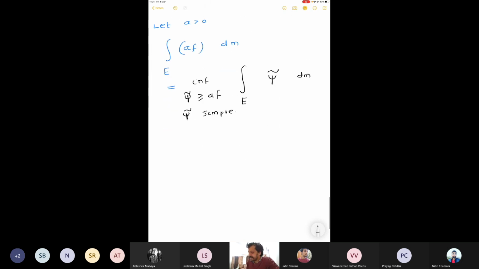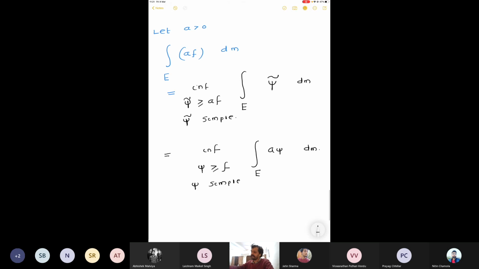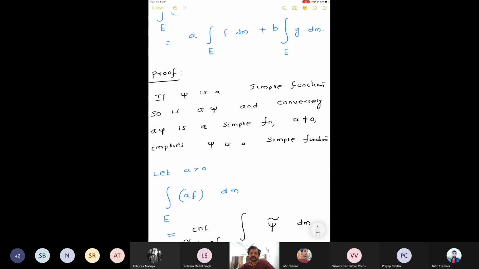So I can write this as the infimum over psi greater than or equal to F, psi simple, of the integral over E of A psi df. Do you agree? Yes, sir. In order to get a simple function greater than or equal to AF, it is enough to take a simple function greater than or equal to F and multiply with A. That's what the observation shows.